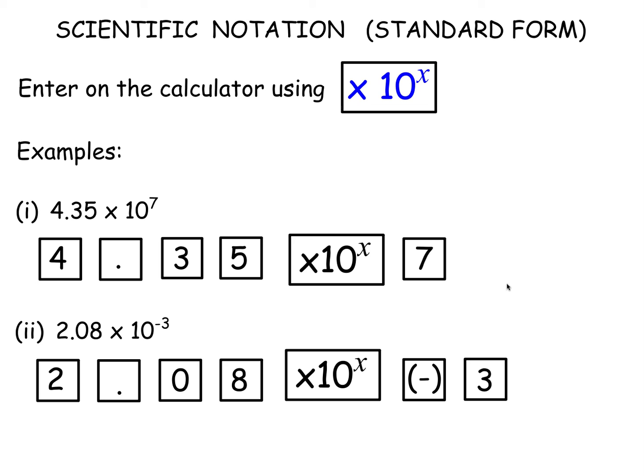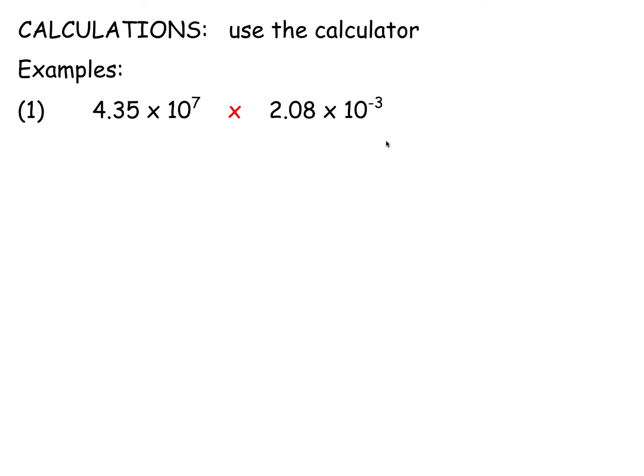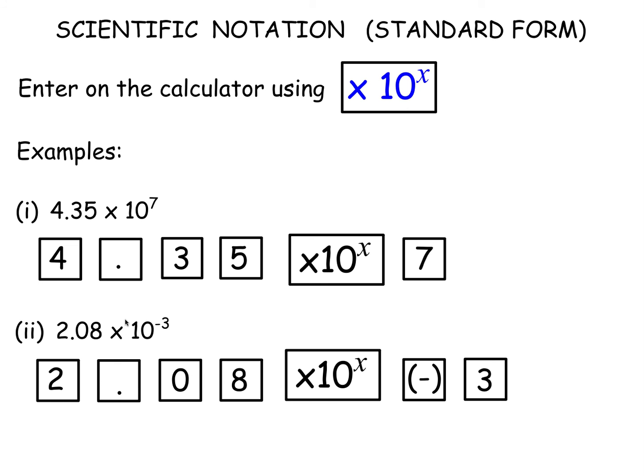You'll then be asked to take numbers in scientific notation, either multiply them or divide them. So for example here, these 2 numbers, the same 2 numbers as in the last slide, are being multiplied. So you simply use this form in the calculator, enter the numbers using the times 10 to the power x button.